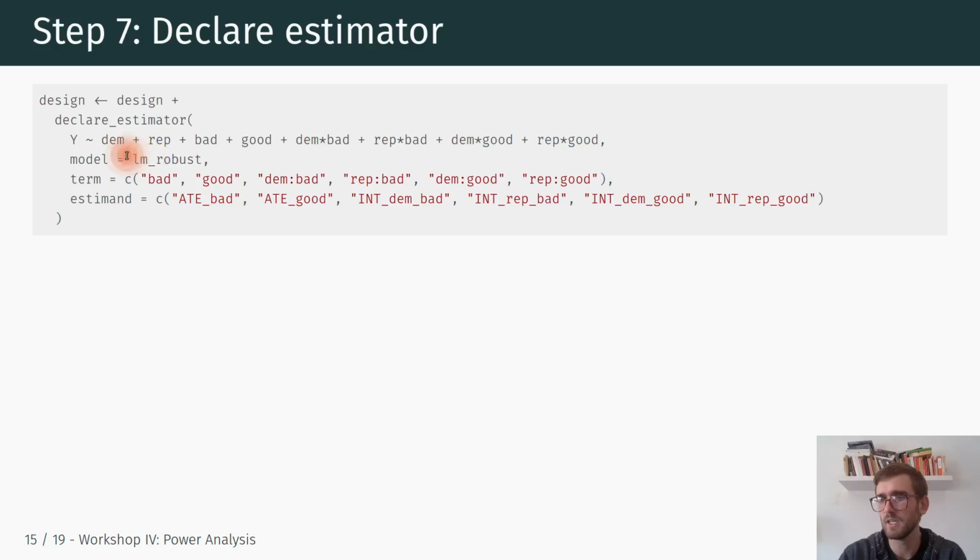We're using robust basic OLS with heteroscedasticity-robust standard errors, and the terms that we're interested in are, of course, the average treatment effects and these interactions. And ultimately, these are then matched to the estimands that we specified previously, right? So each of those parameters that we're estimating are matched to the estimands that we're interested in that we specified previously, right?